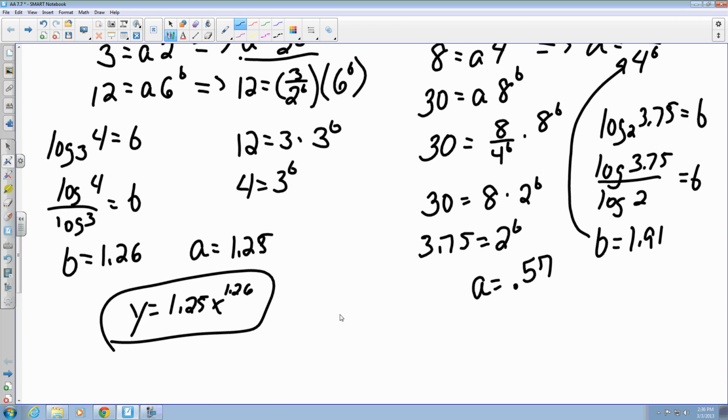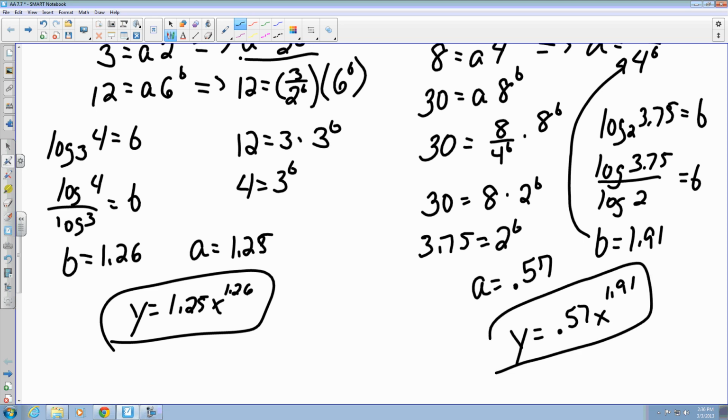So when I rewrite this as my equation, I can write y equals 0.57 x to the 1.9 power. Again, these are approximations. As long as you're close, that's what I'm looking for.